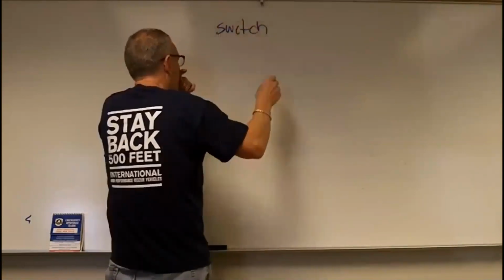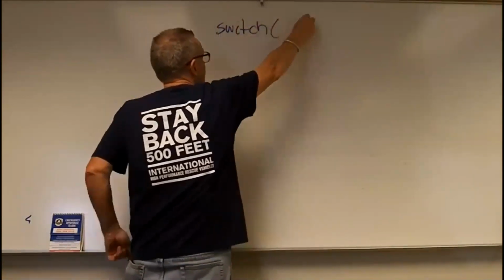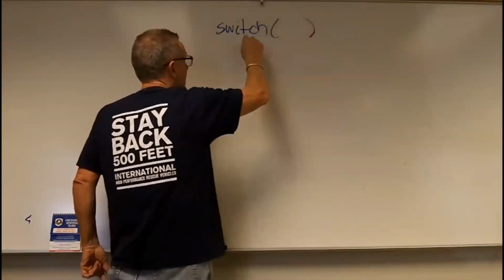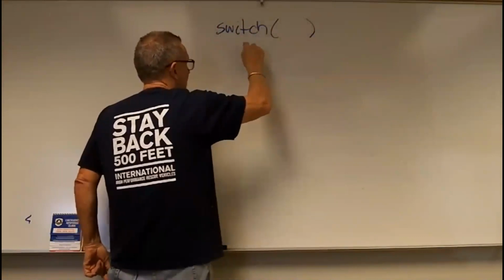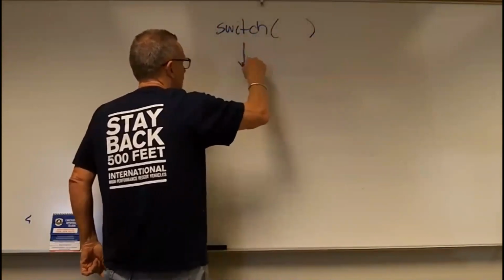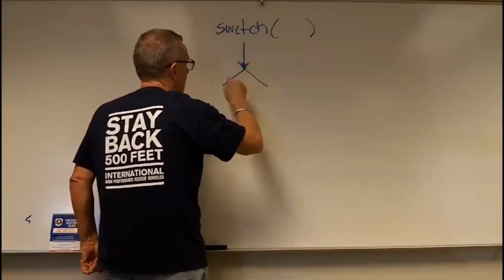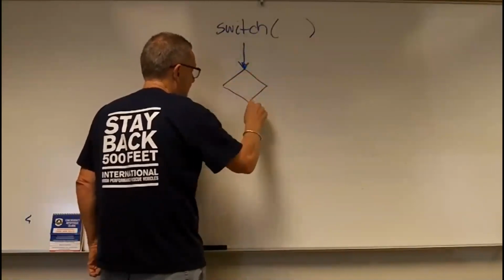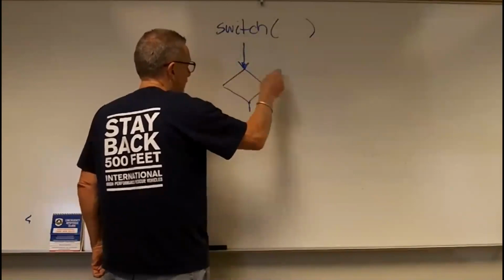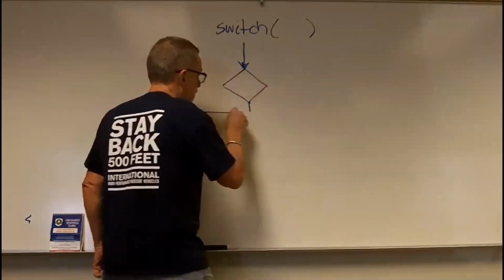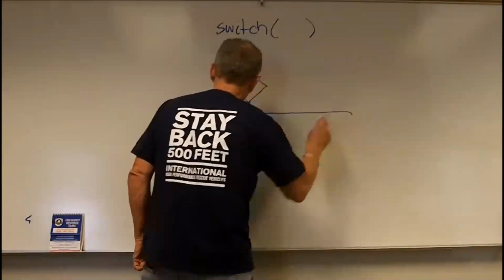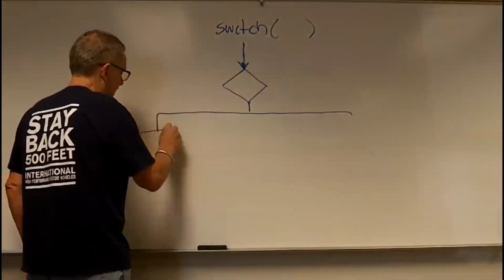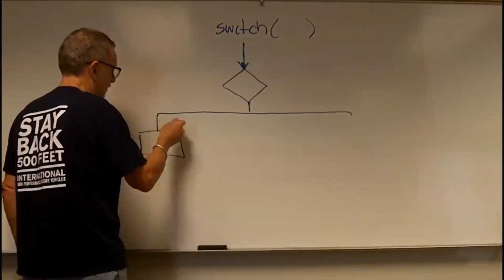So this is a switch, and this is a special kind of decision where we switch depending on the value. We're going to change what is executed. It gets the information there, and instead of going one way or the other, we can have multiple processes.